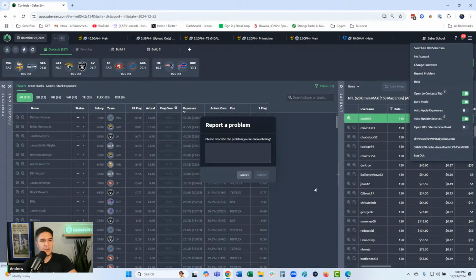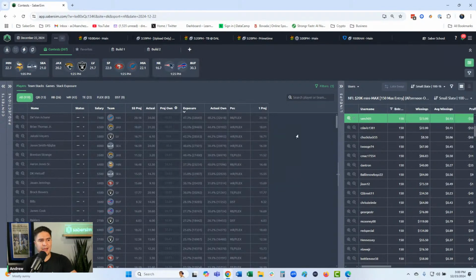I think it's supposed to. Let me just send something in. Using plus magnifying glass on user in flashback, not updating to show their exposures in the projections tab. I think it's supposed to do that. I think it used to do that in the past. So I'll make a note to our team here.